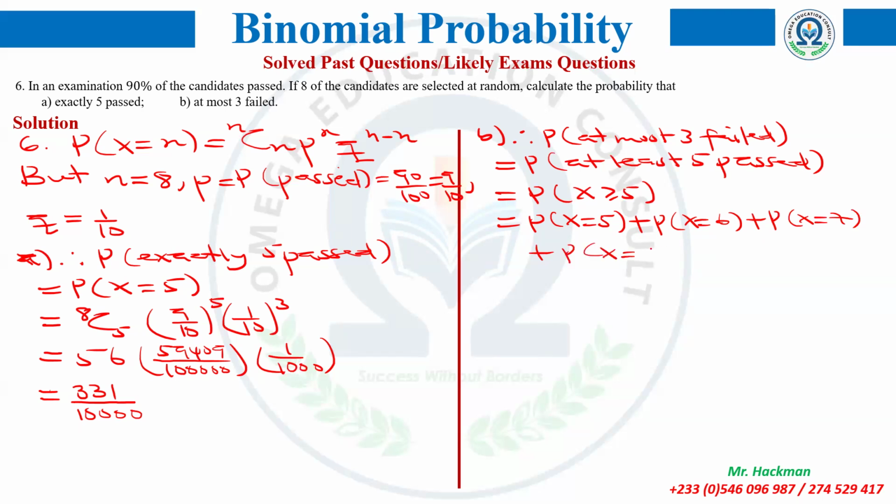You know what to do here. You've done the 5, so you are now going to do 6, 7, and 8, and add them to the result. So from here, you should be able to continue. Is my point well made, my professors?